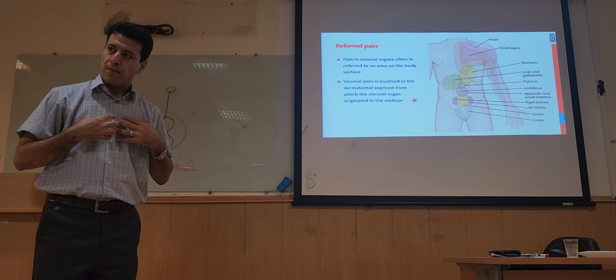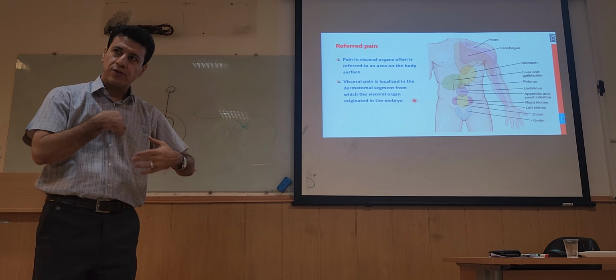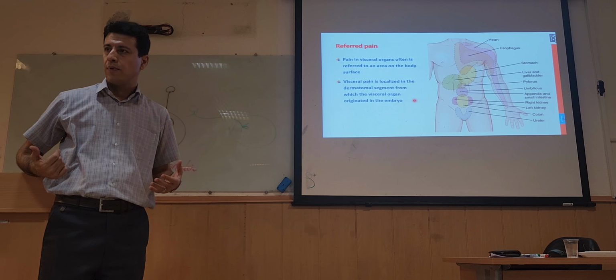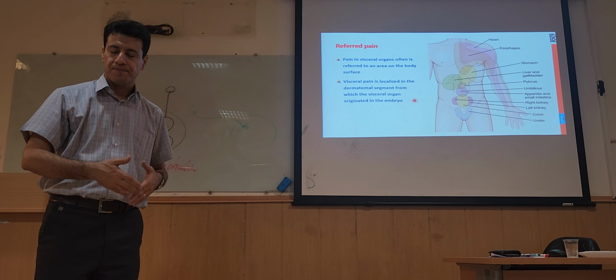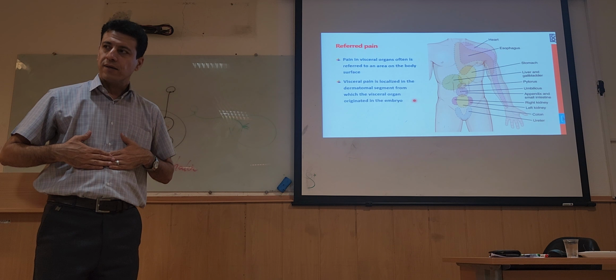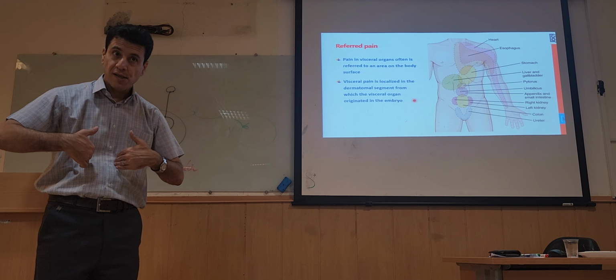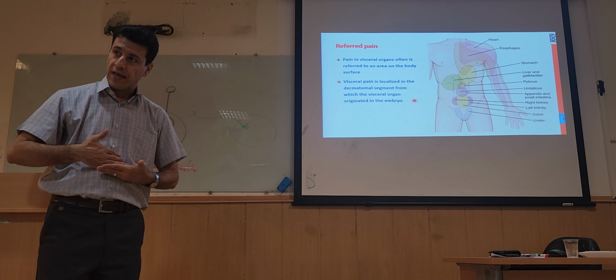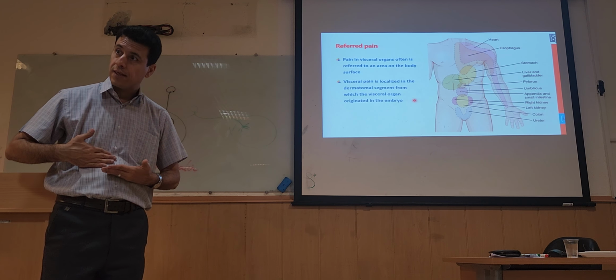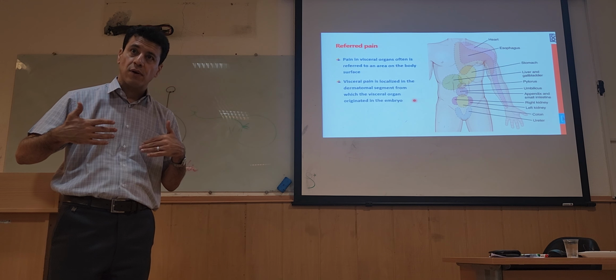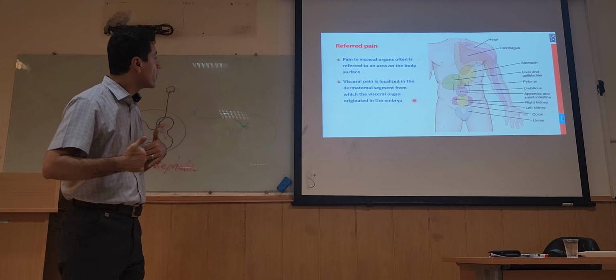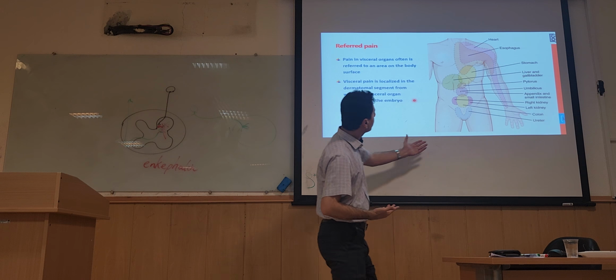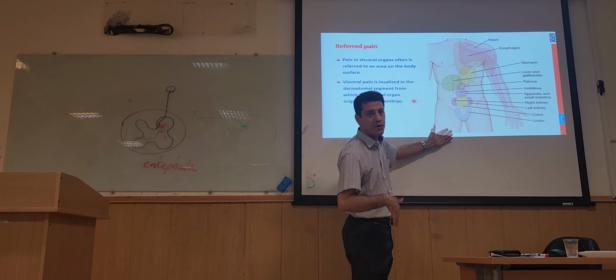So pain from the heart is referred to the left side. We call this referred pain. Pain from the stomach, from the inside of the body, is referred to the epigastric area in the skin. So the skin is painful. Right? Referred pain. So this is a map of referred pain.